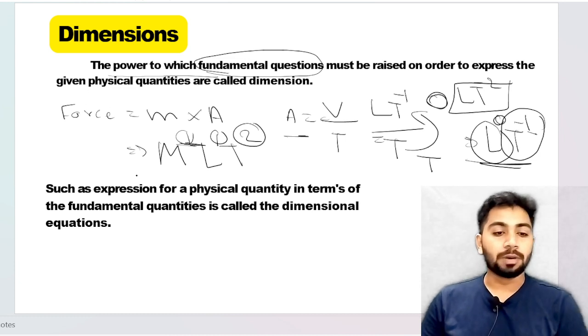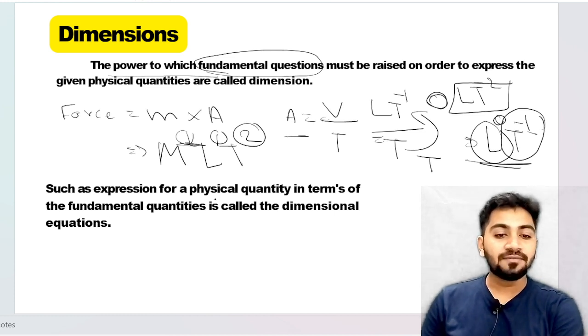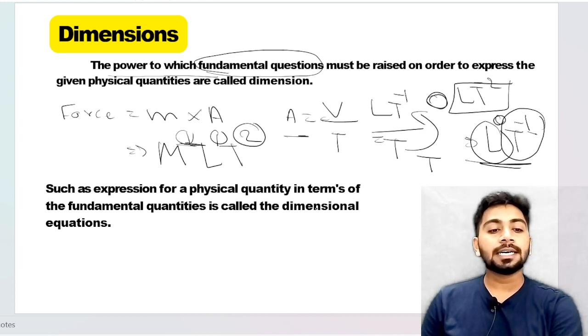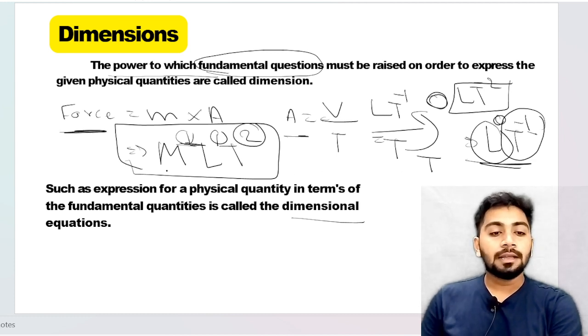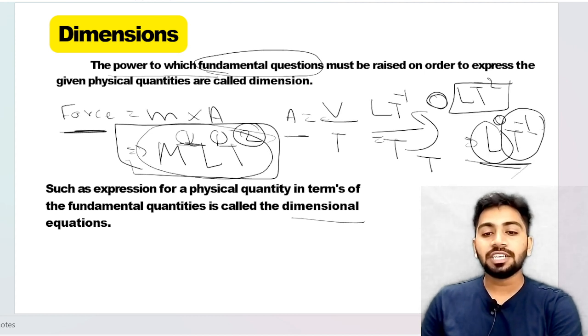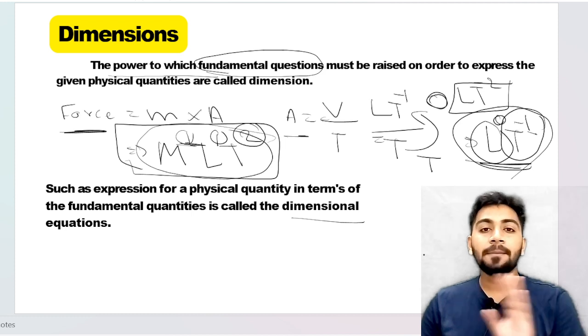Now there is one more definition here. Such an expression for a physical quantity in terms of fundamental quantities is called a dimension equation. These are called dimension equations. For suppose, this is the dimension equation of force, and this is the dimension equation of velocity.